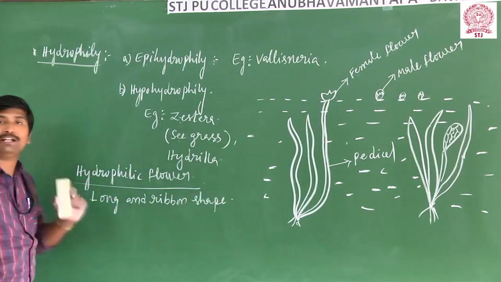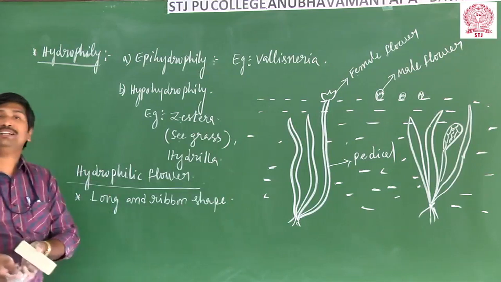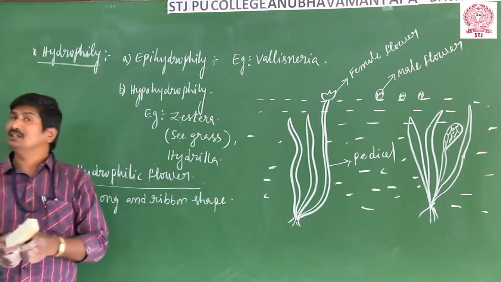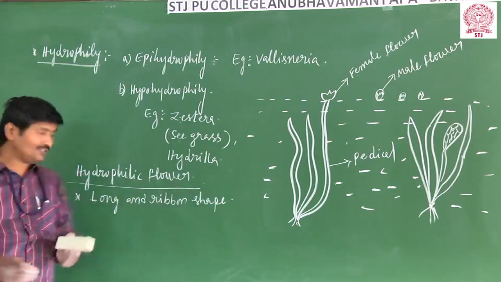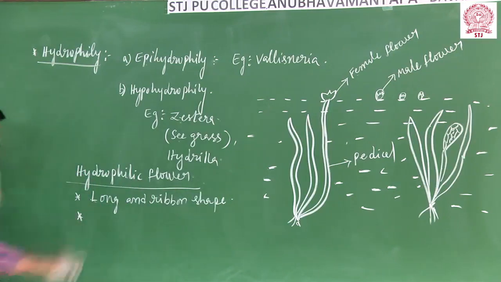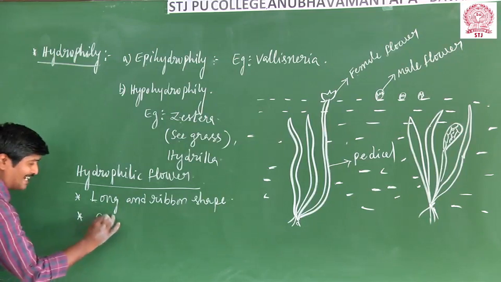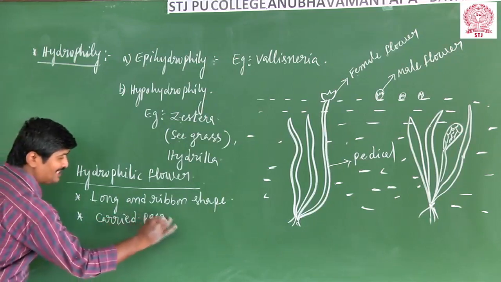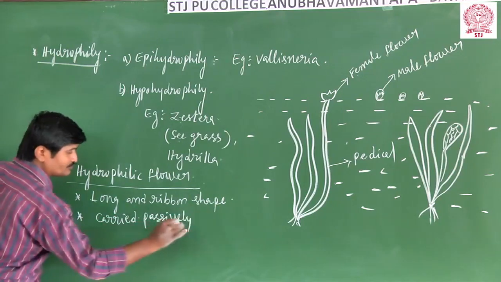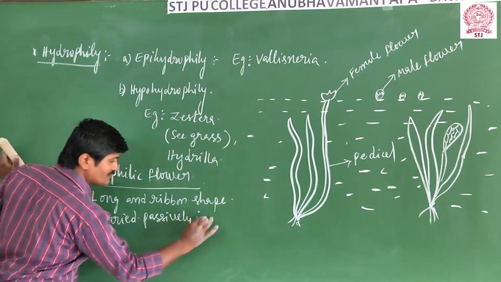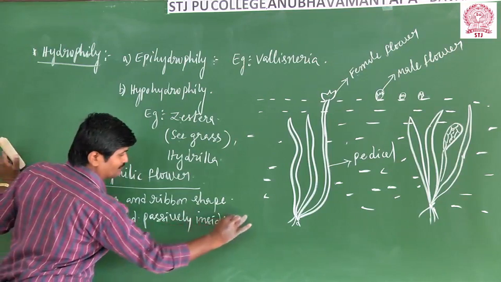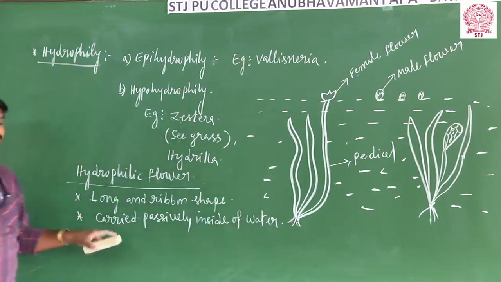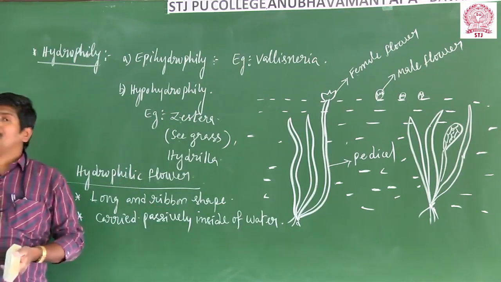It is one of the important characters of the hydrophilic flowers. The pollen grains are very long and ribbon shaped structures. Next one, the pollen grains are carried passively inside of water.